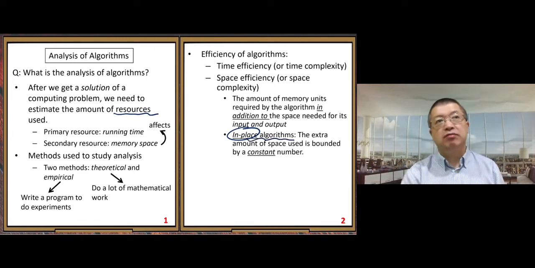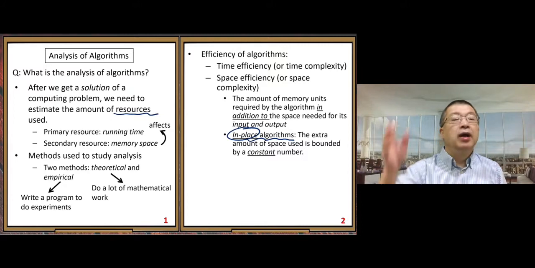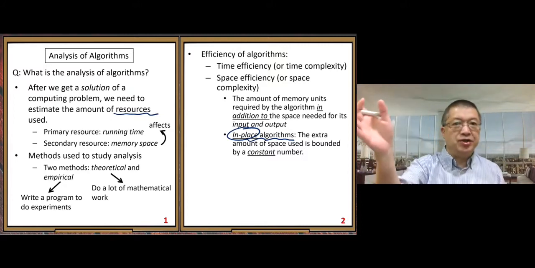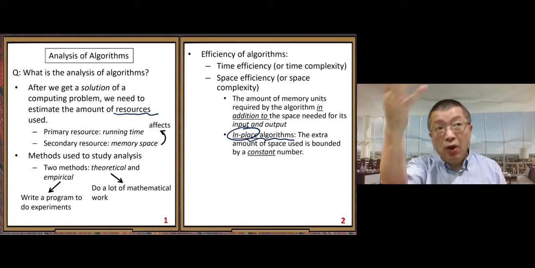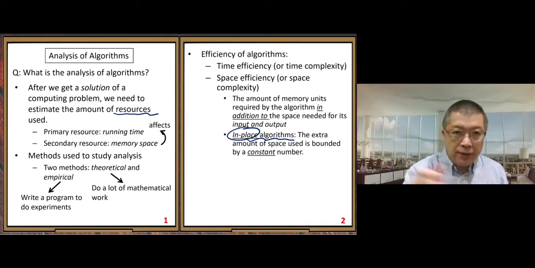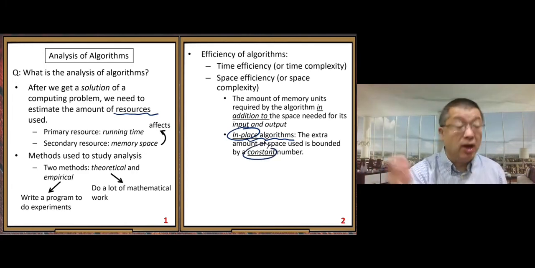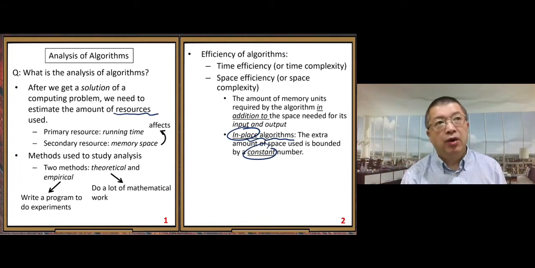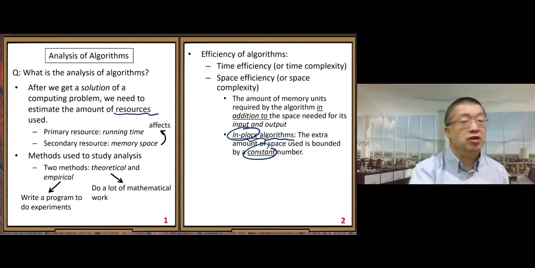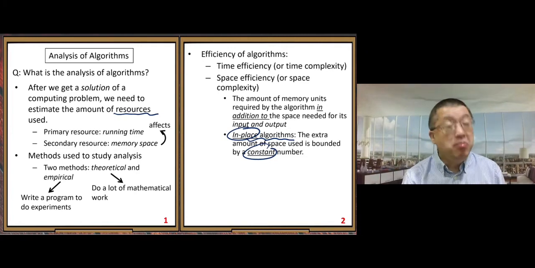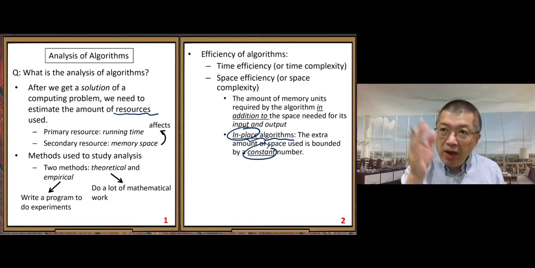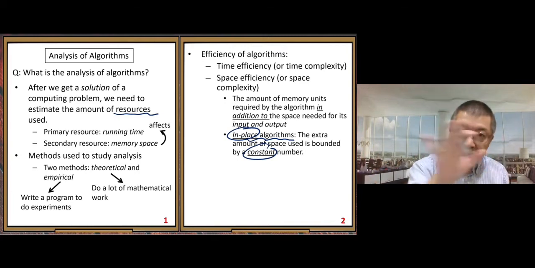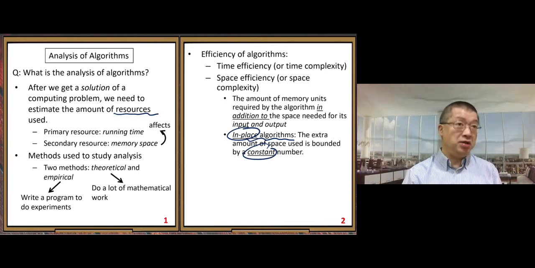The meaning is that the extra amount of space used in your algorithm is bounded by a constant number. If your algorithm has this property, we call it an in-place algorithm. So when we talk about in-place algorithms, you should use this definition.